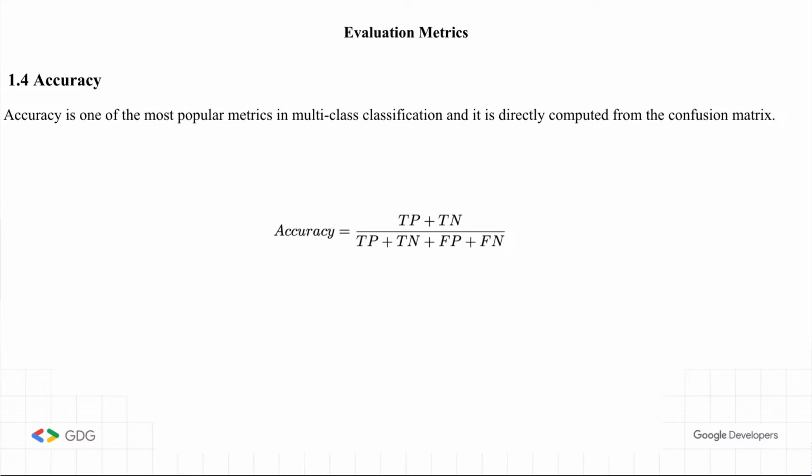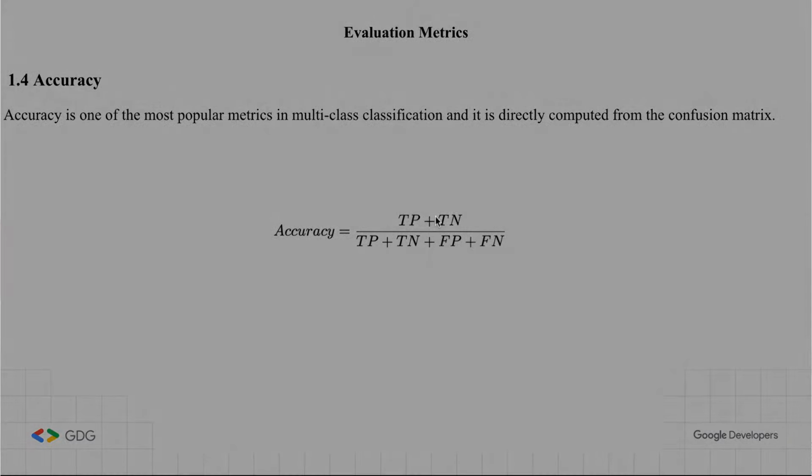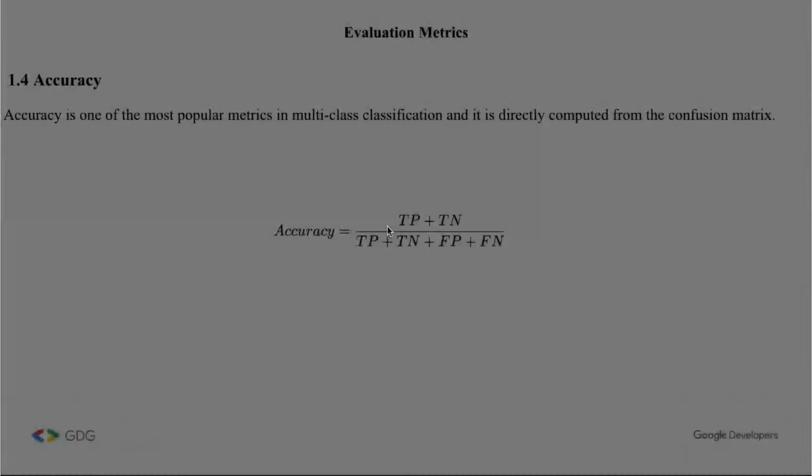So all the true divided by the total. So that we can say, as you see here, true positive, true negative.